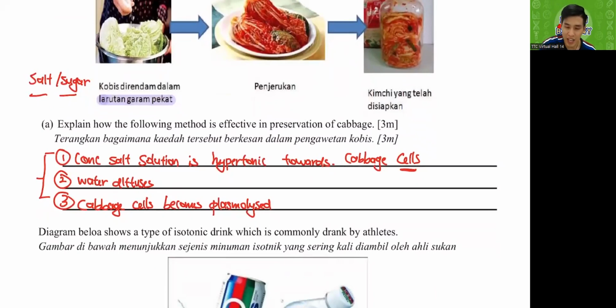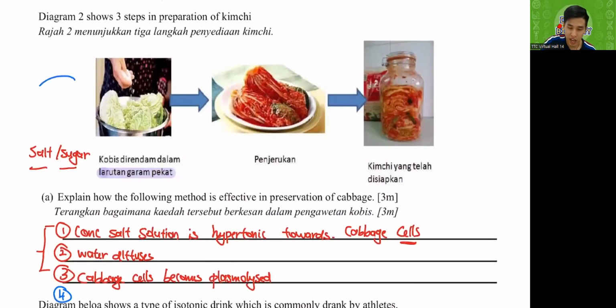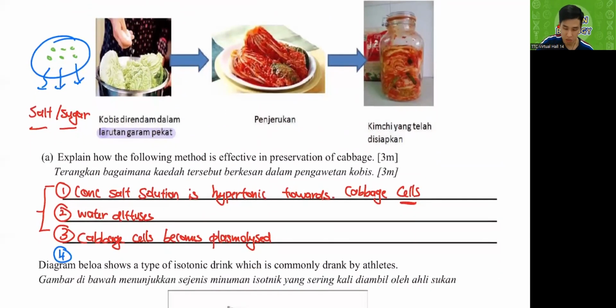However, if you don't write the last point, you won't get the full 3 marks, because you're going to talk about how the bacteria dies. Now, let's say here's your cabbage. The water all came out already. So the bacteria inside your cabbage will have no water. Then they die. So you say the bacteria must become dehydrated, means very thirsty, no water, and dies.